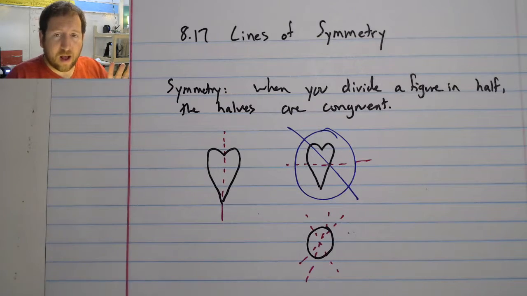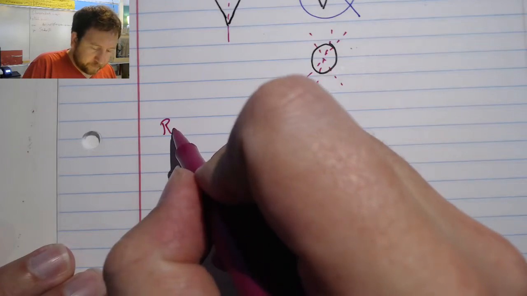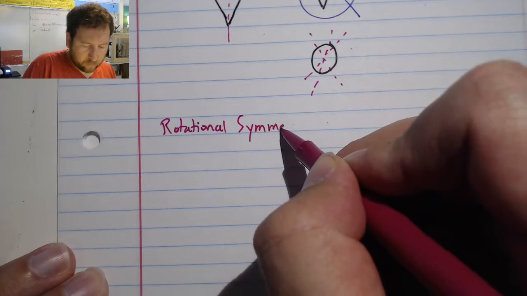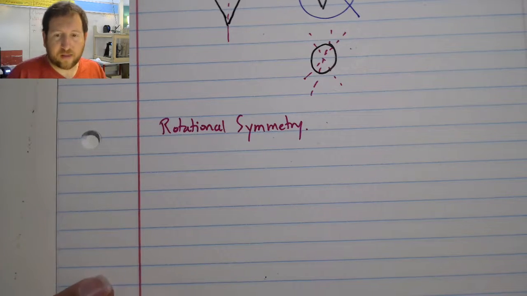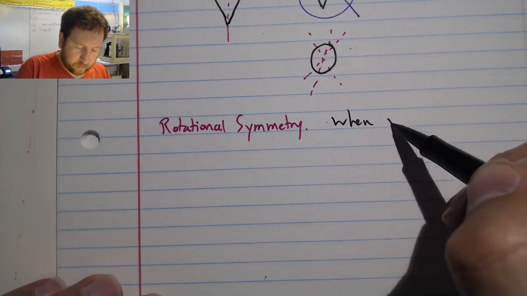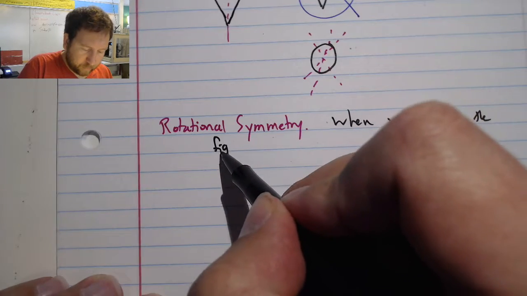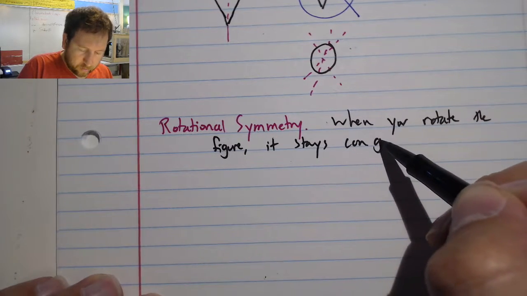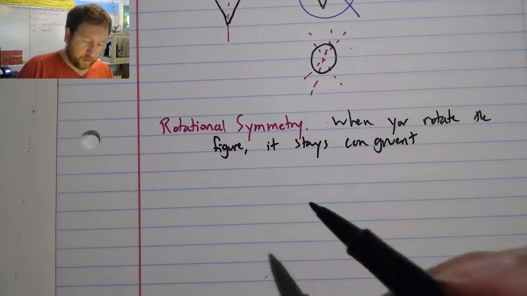Now, we have a typical line of symmetry, but we can also have rotational symmetry. So instead of cutting a line through it, we can rotate the figure, and it stays congruent. For example, they give this example.